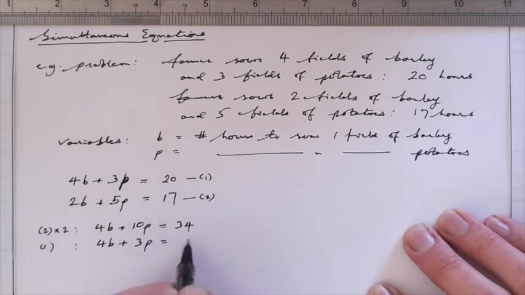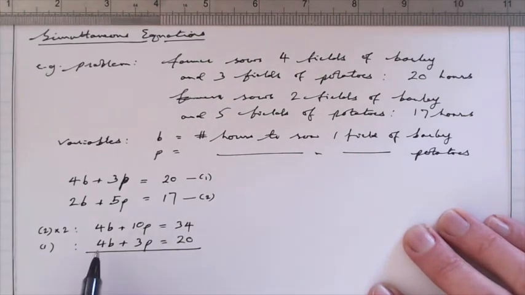this looks a lot friendlier now, because what I can do is actually subtract every term in this equation from the one above. So I'm going to subtract 4b from 4b is 0. And that was why I chose to multiply by 2, because I wanted to get 2 of the terms, as it were, to look the same.